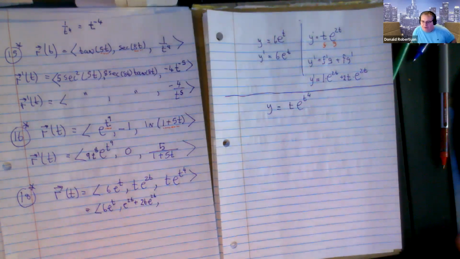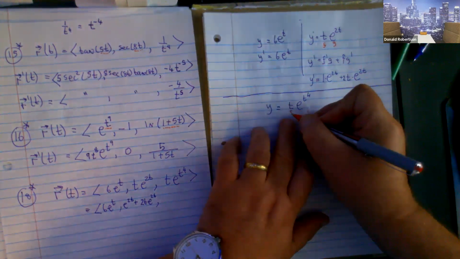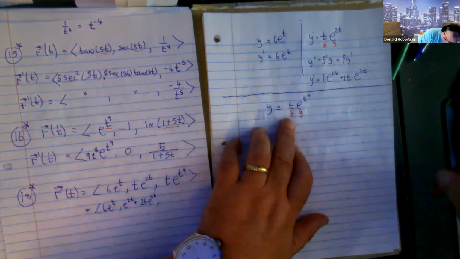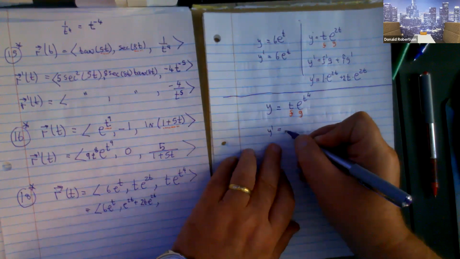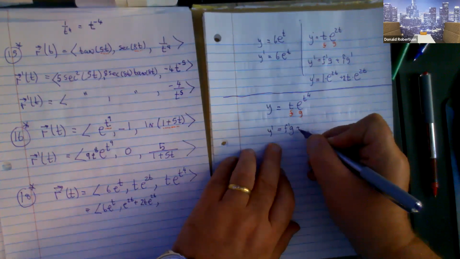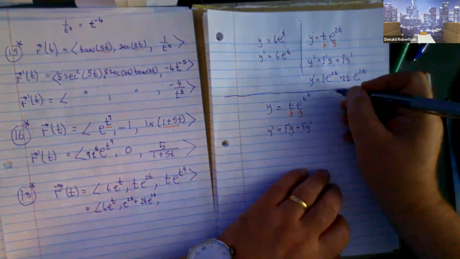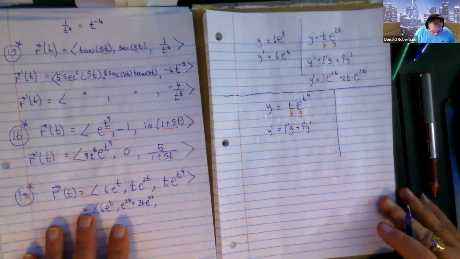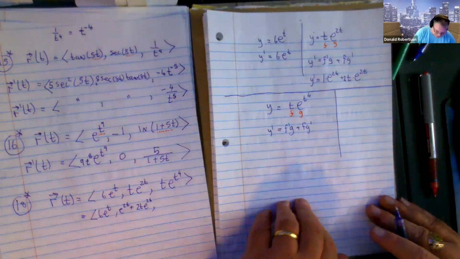Now when you get to the last one, which is this one, you're really playing with fire here. This function is two guys multiplied. So it is definitely going to be a product rule. And when I get a difficult product rule, or a difficult quotient rule for that matter, I tend to do the working a little bit different.